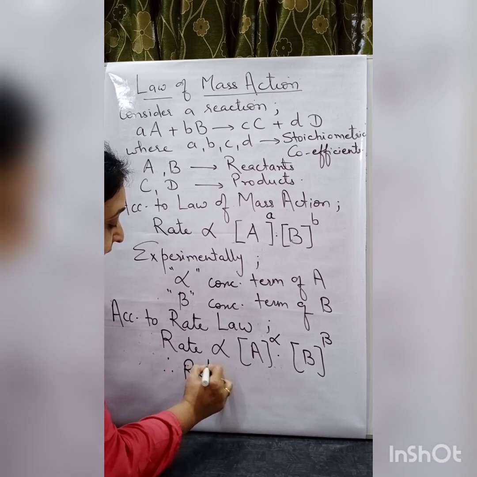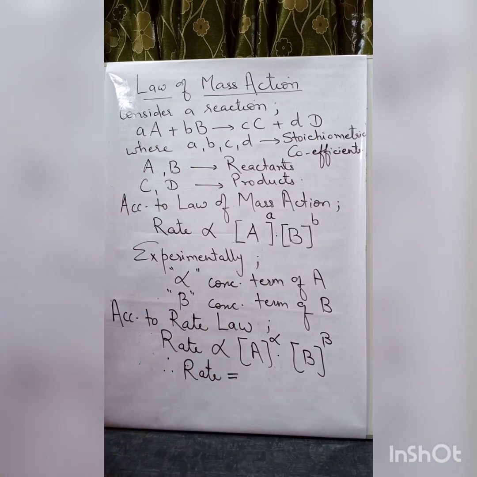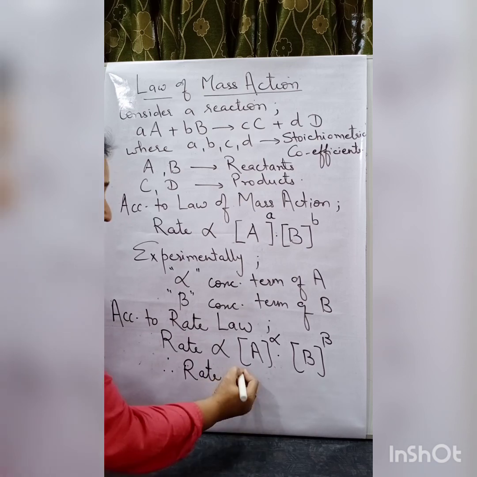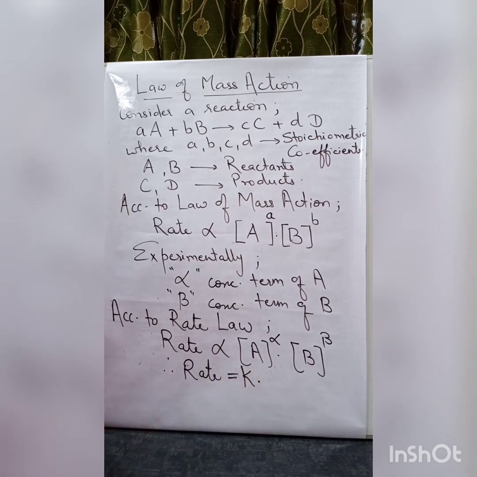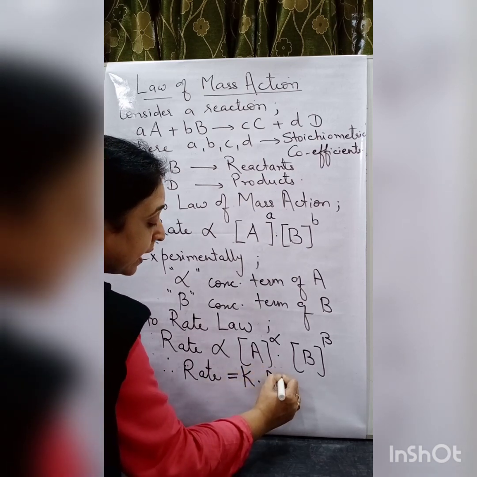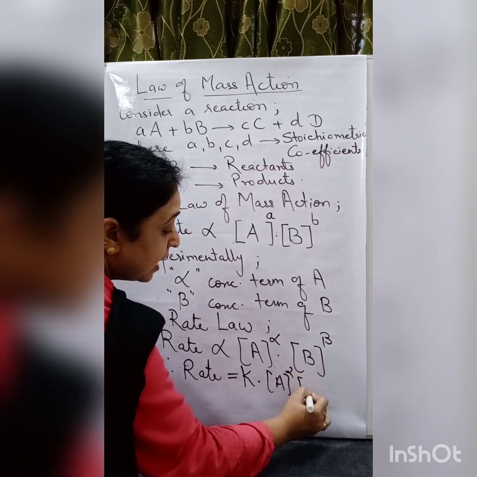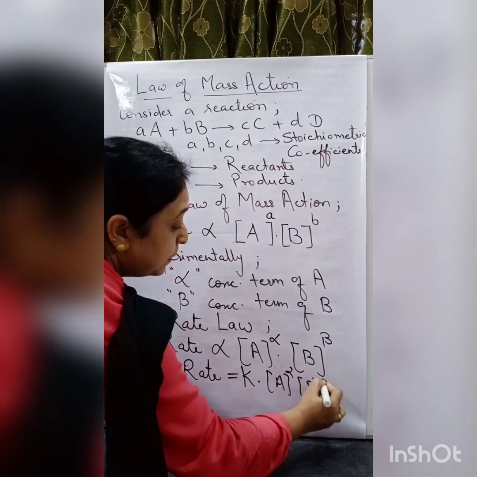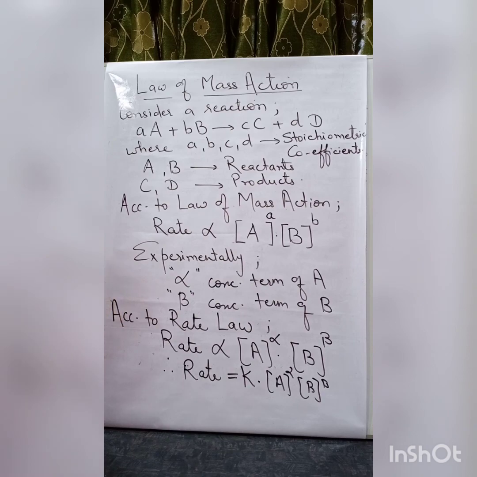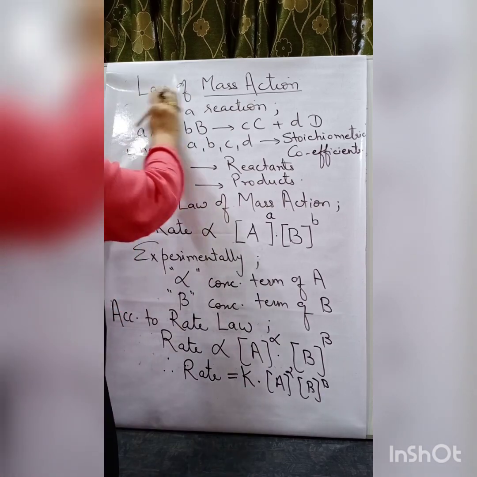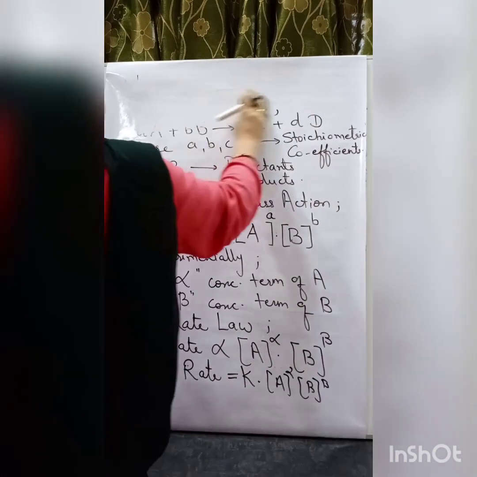Now if you remove this proportionality sign, rate is equal to a constant k into A raised to alpha, B raised to beta. What does this k mean?